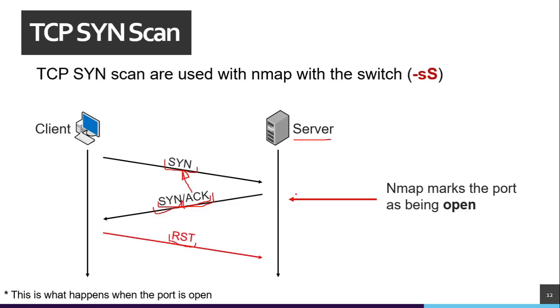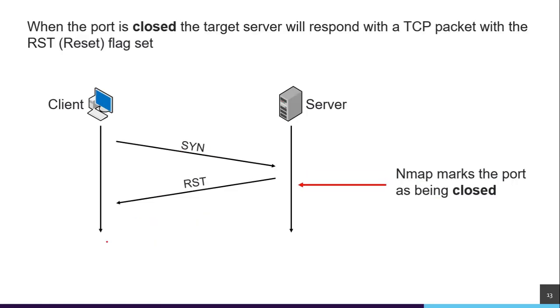It just tells the server: ignore everything that I sent you, I'm going to restart a new connection. So when Nmap receives this SYN ACK, it marks the port that we're scanning as open, and it sends the RST TCP packet to the server. This is the scenario when the port that we are scanning is open.